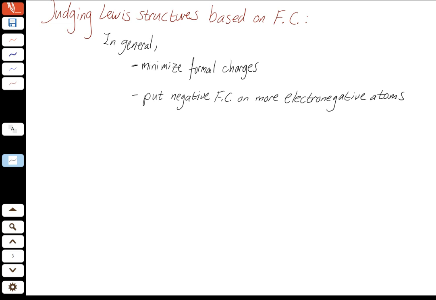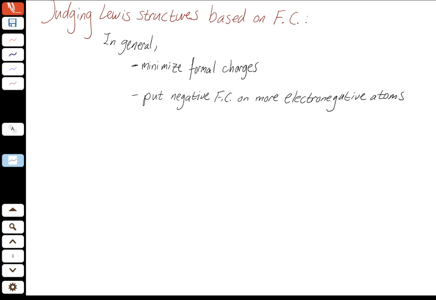And again, that's going to change a little bit depending on what kind of atoms we're looking at, but in general, if you have come up with a structure and you have to put a 2 plus or a 2 minus formal charge on an atom in that structure, chances are that's not a great structure. It's not going to be a very stable structure.